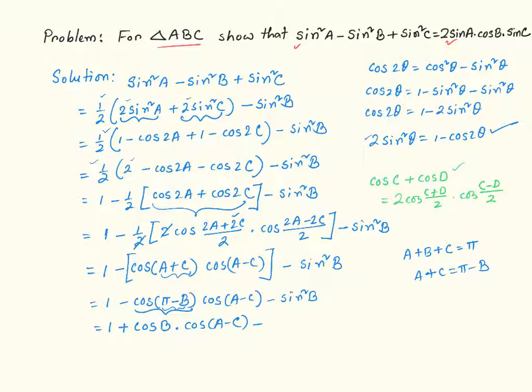Minus sine square B is going to be, by the way, 1 minus cosine square of B, but if I distribute this negative, it's going to give me negative 1 plus cosine square of B. Now look, this negative 1 and this positive 1 cancel out. Then between this term and this term I could factor out a cosine B. If I factor out the cosine B, I am left with cosine of A minus C plus cosine of B.